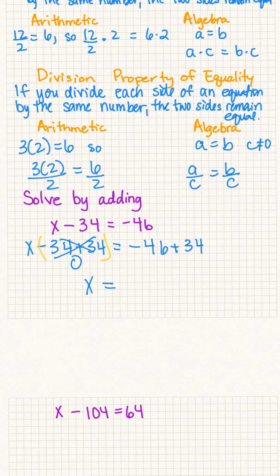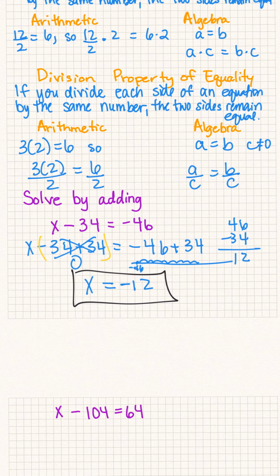Then negative 46 plus 34. Thinking of this on a number line, 46 is a negative, but then we're adding 34 to it. But 46 is a bigger number, so it's going to equal a negative. It's the same thing as 46 minus 34, 12, so it's going to be negative 12.